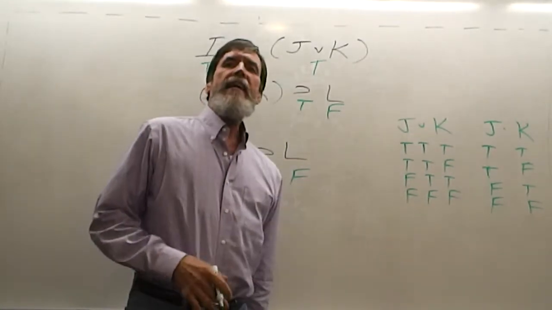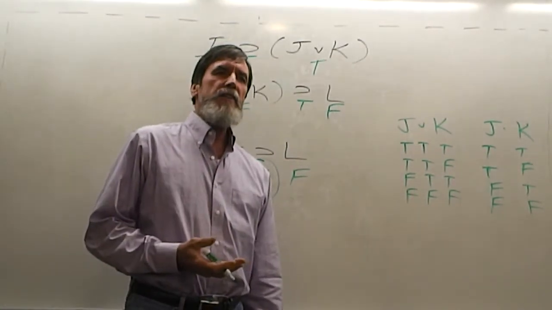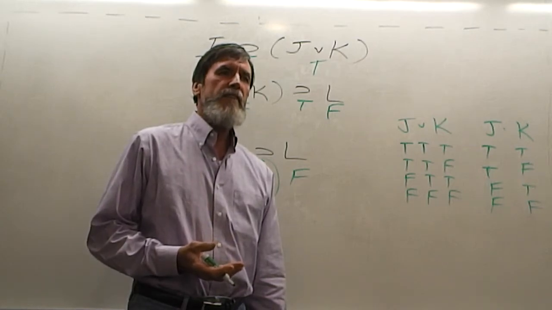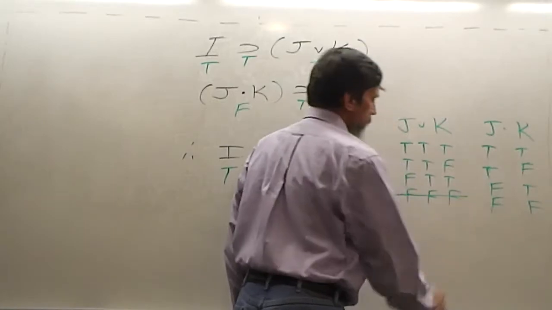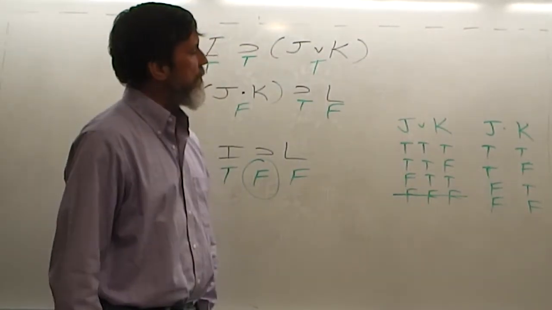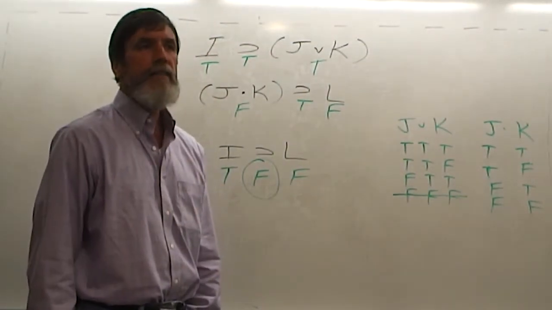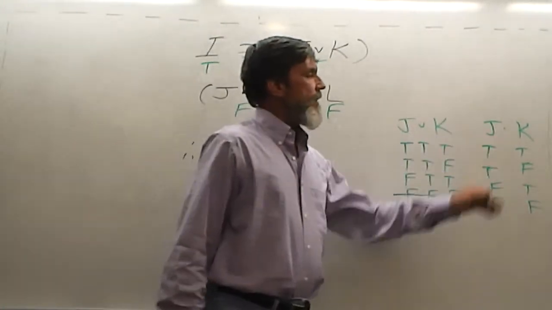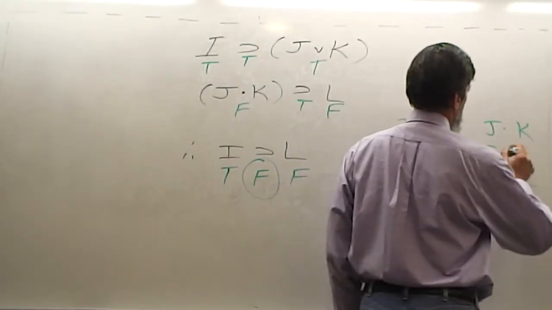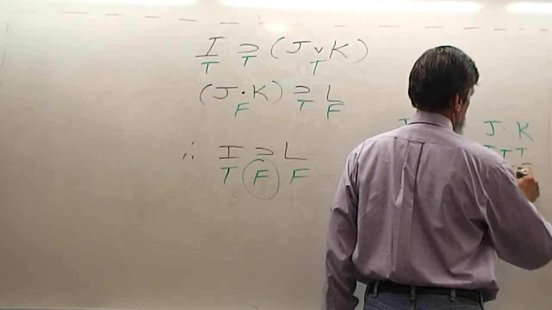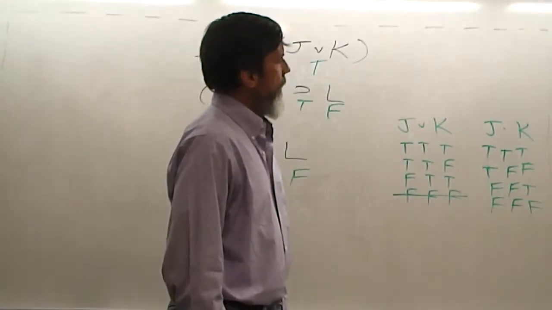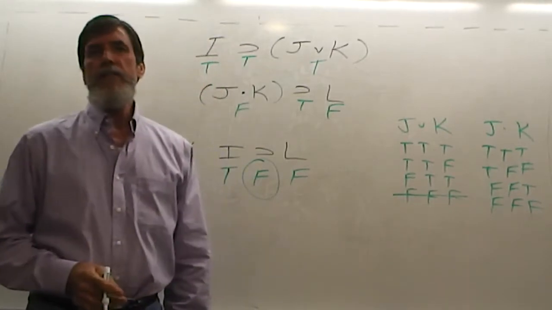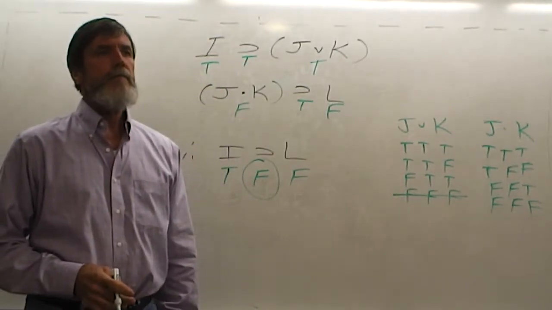So can we eliminate any combination of truth values for J and K from consideration? Okay, any other combination will justify that true wedge, correct? Trying to make this dot false. Can we eliminate any of those combinations from consideration?